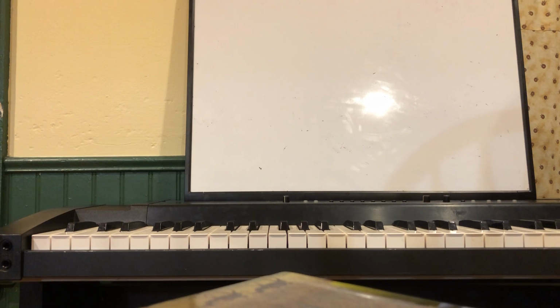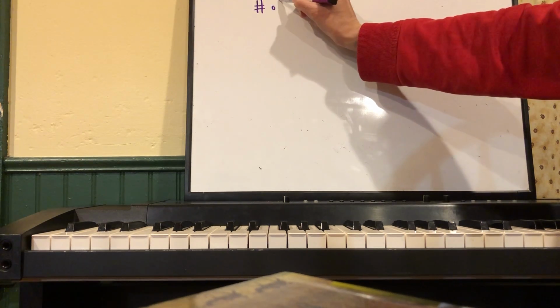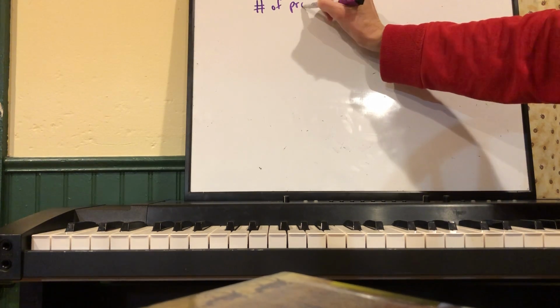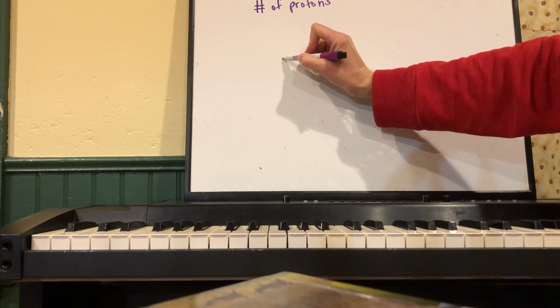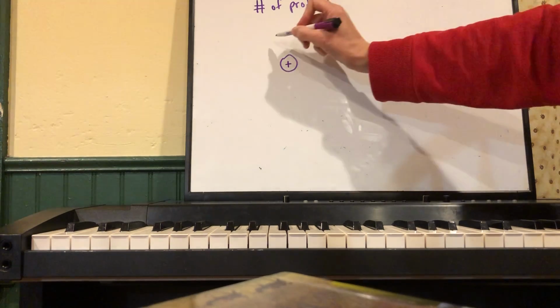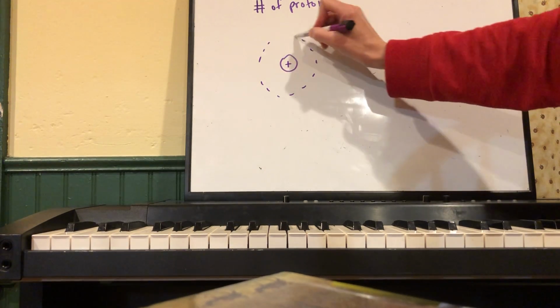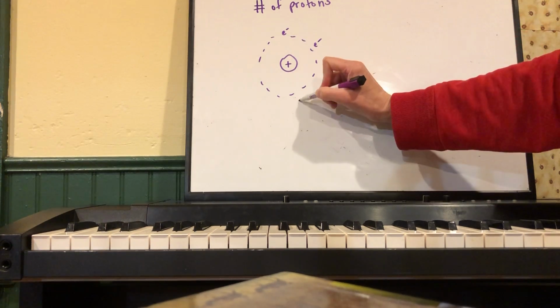The thing that makes an atom what it is is the number of protons. If you remember, the model of an atom is that we have a nucleus with protons in the nucleus, and then electrons spinning around the outside of it.